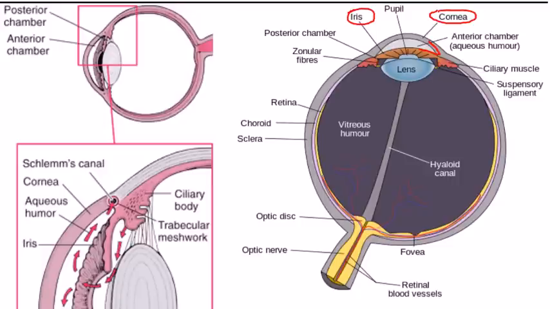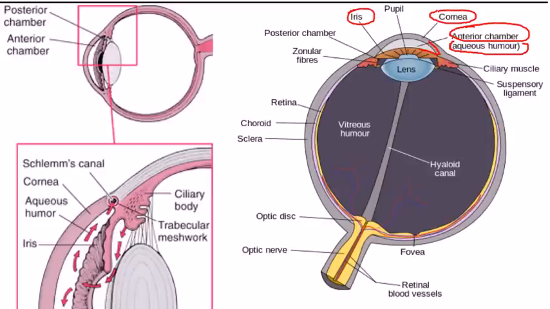Why? Well, in this chamber right here, this anterior chamber, you have a fluid, and that fluid is called aqueous humor. And that fluid is important. It helps maintain the pressure in that area, also provides nutrition, and also helps fight infection.